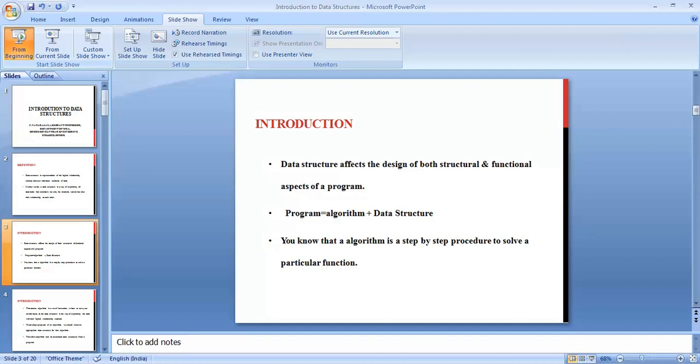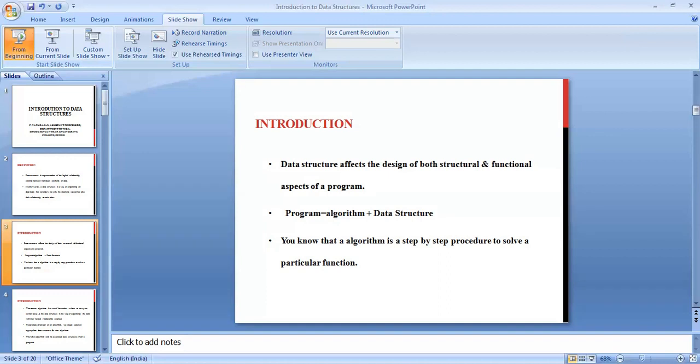Now we move to the next slide. It is also an introduction slide. See this: data structure affects the design of both structural and functional aspects of a program. Here we concentrate on both the structural and functional aspects of a program.